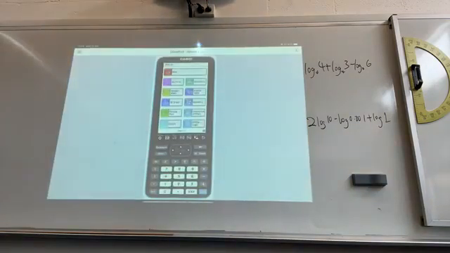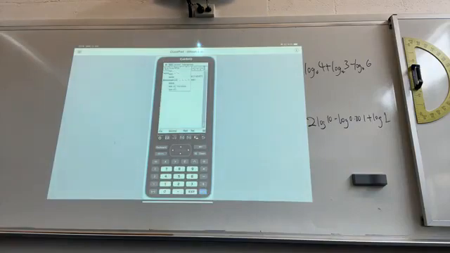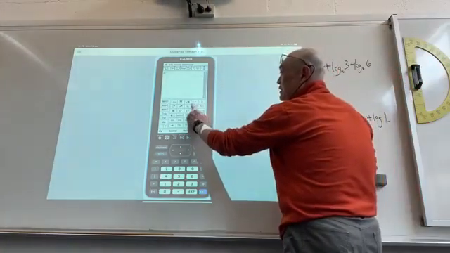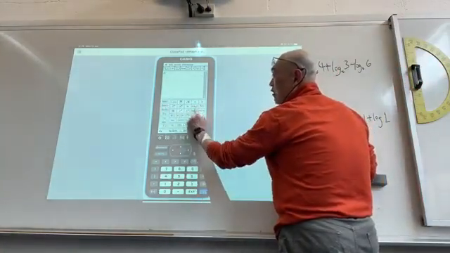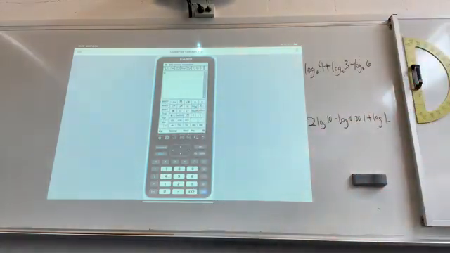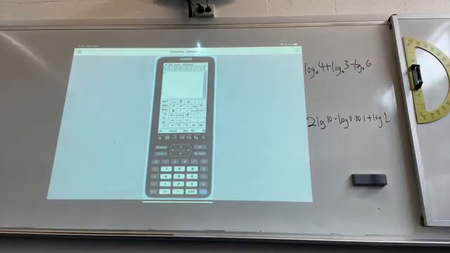So, ClassPad under Main. I'm going to get rid of everything first: Edit, Clear All. Alright, so go to keyboard. The first one, because there's a base of 4, you need this. Under Math 1, log with a little box there and a big box there. Just tap on that. You just write the exact same thing.